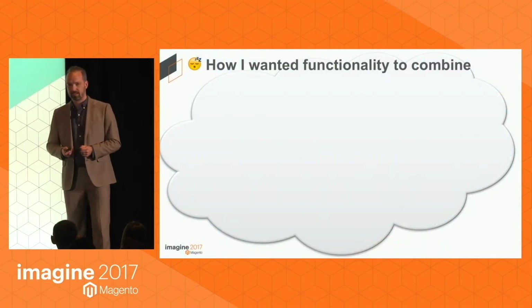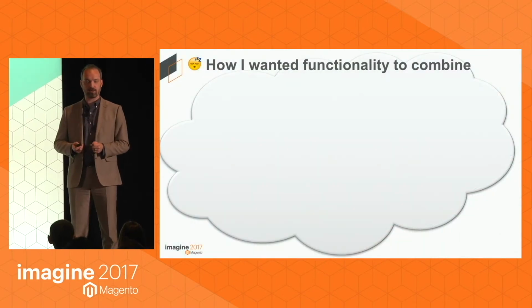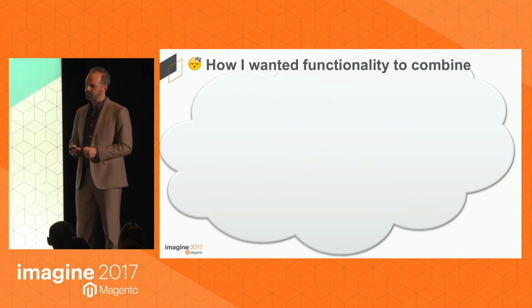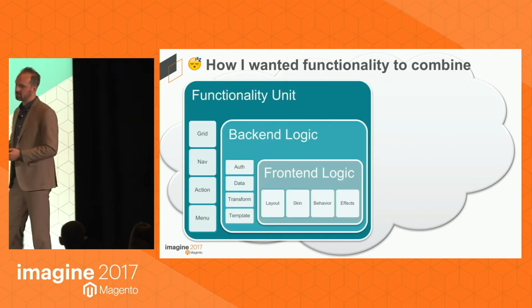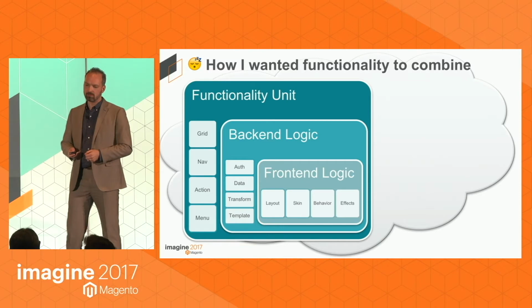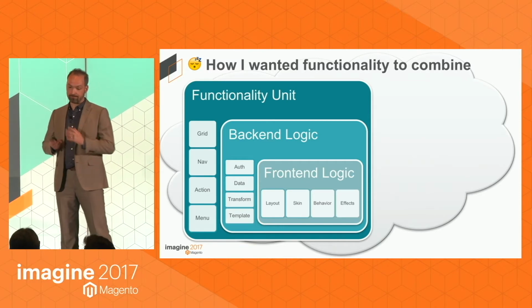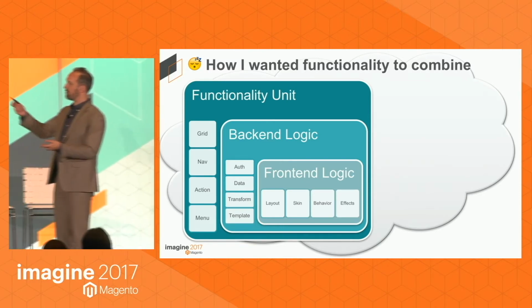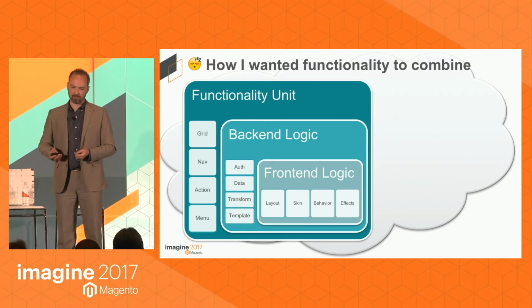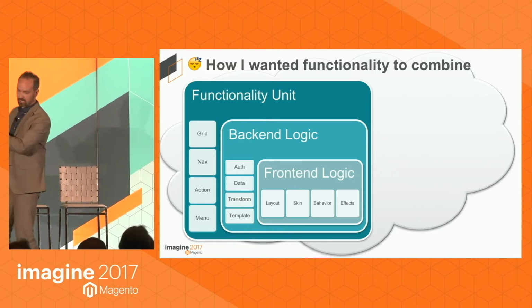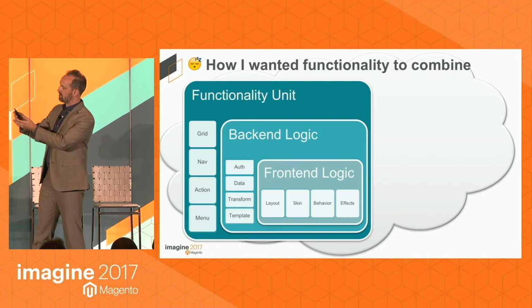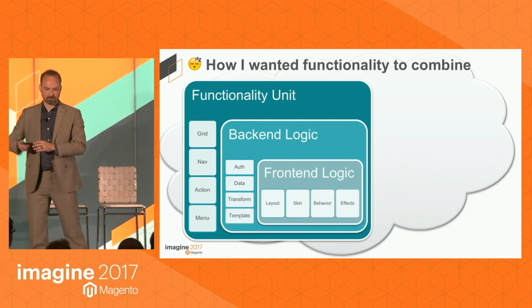I thought, I've been debugging jQuery UI long enough, late at night. I'd love it if a functionality unit looked like this, with a little simple wrapper surrounding the back-end logic, supporting the unit. Say there's like a grid or a nav, that's the type of functionality unit there'd be. And then on top of the back-end logic, there'd be front-end logic that describes the layout and the skinning and the behavior and the effects.